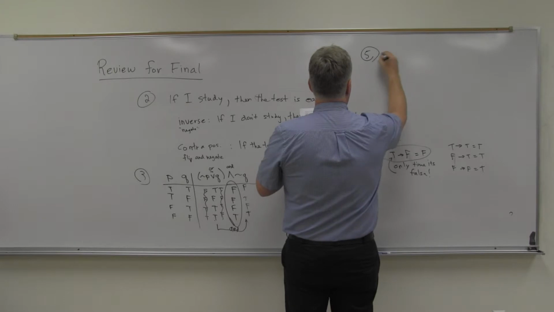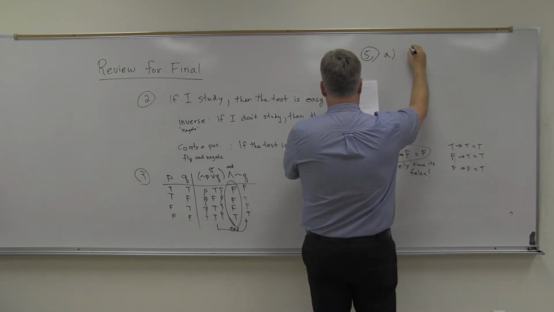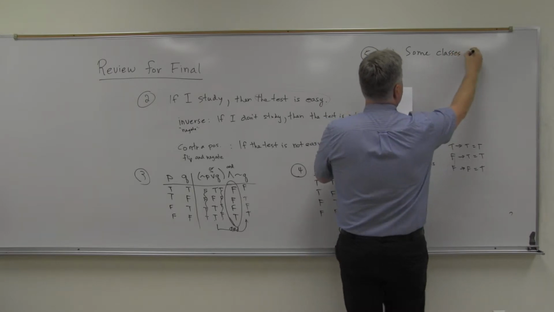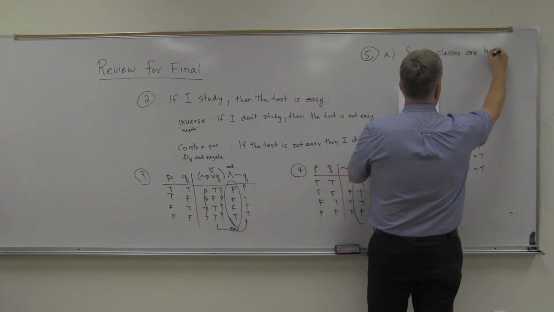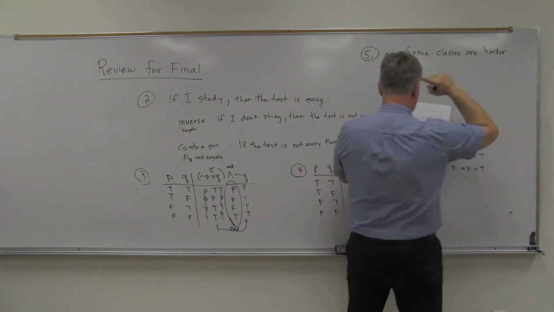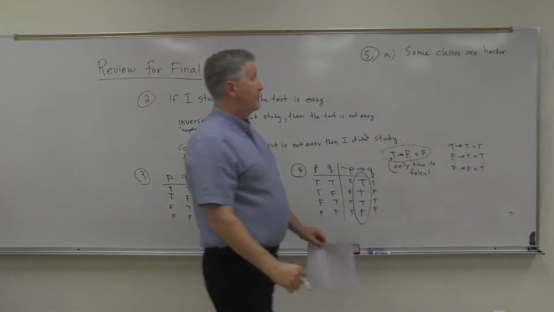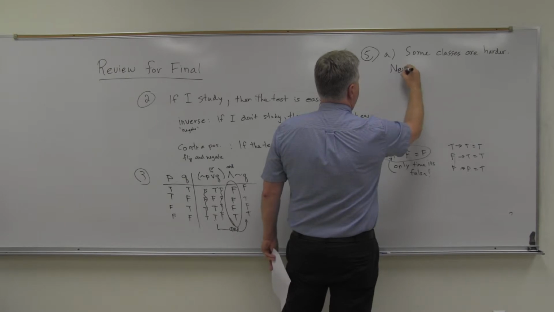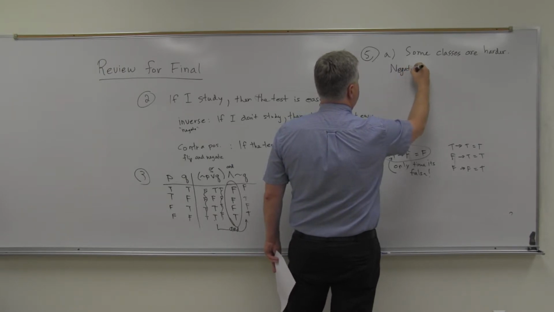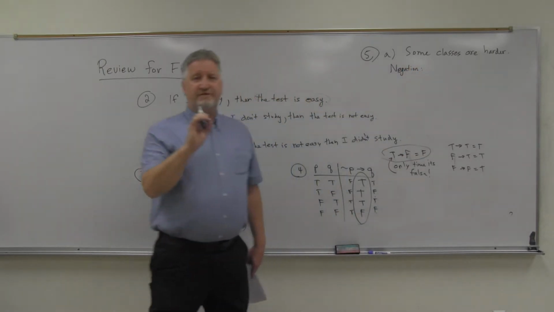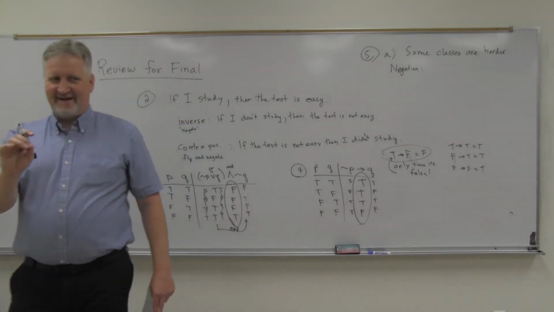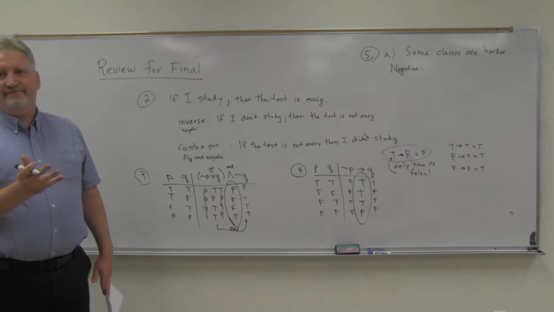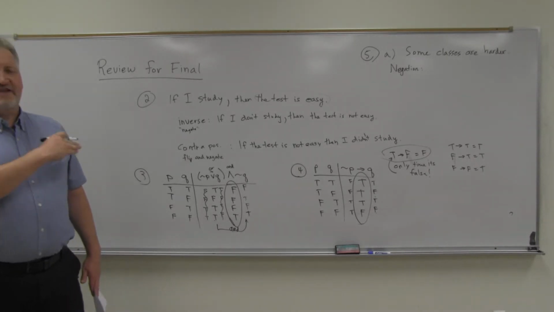All right. So number 5, I've got some negations of statements. The negation of some classes are hard. Most of the time, we can just add the word not to the statement and it negates it. This is not one of those times though.